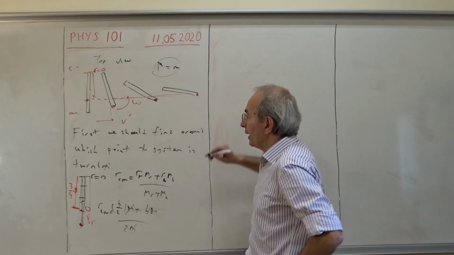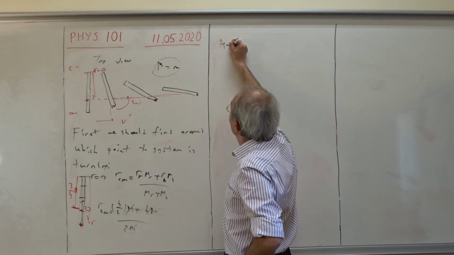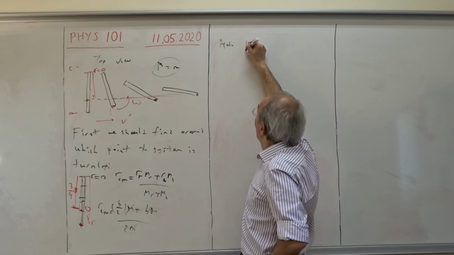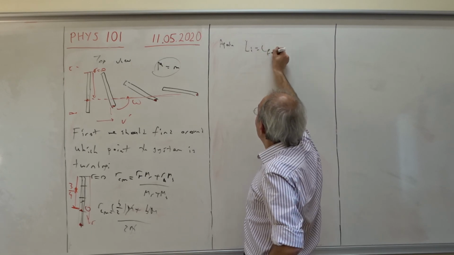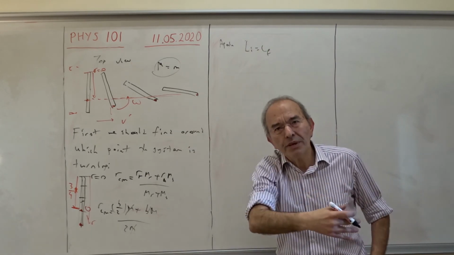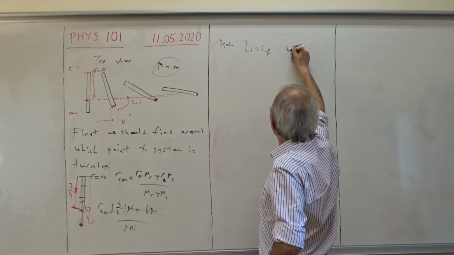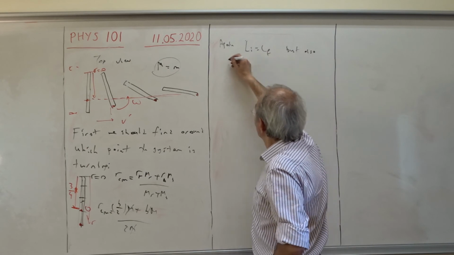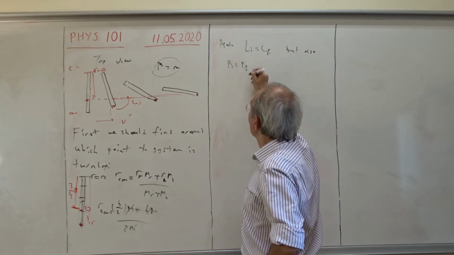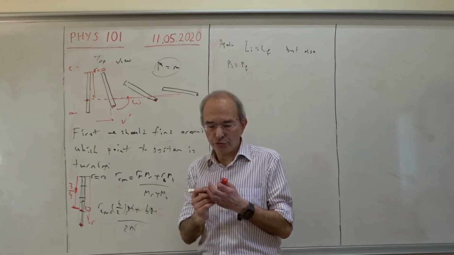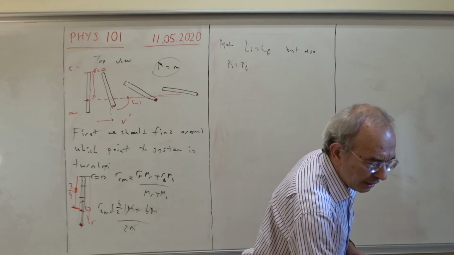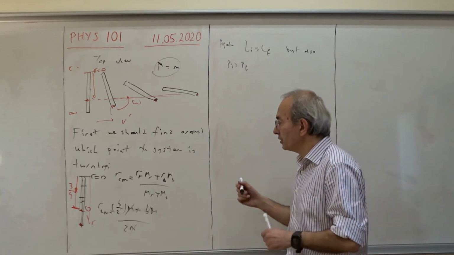All right, again, Li is equal to Lf, but also Pi is equal to Pf. Linear momentum will be conserved. How can we write these equations?